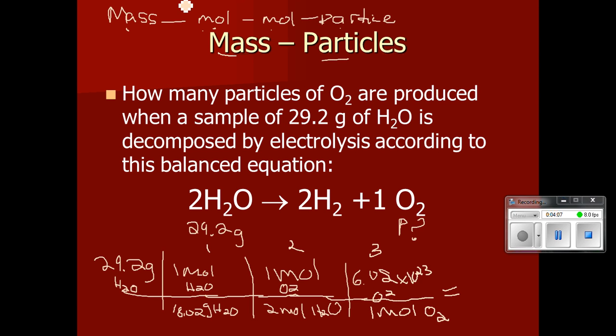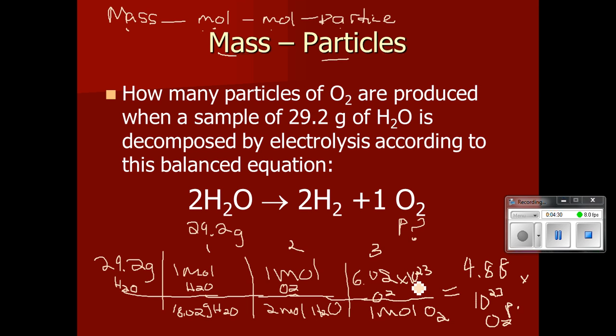And my answer, using the correct number of significant figures, should be 4.88 times 10 to the 23rd particles of O2.